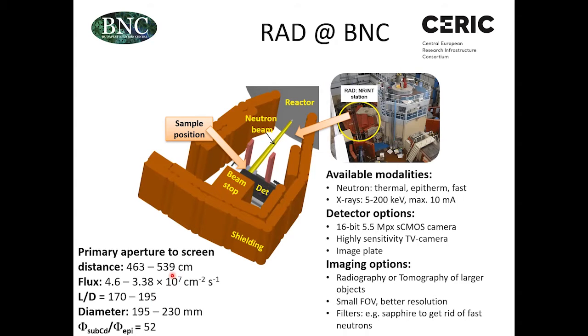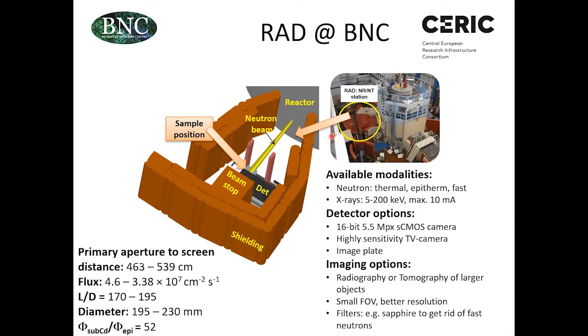The neutron flux is in the order of 10 to the 7, which means it's a medium flux facility. So it is applicable for most measurements, but if you need really high resolution, then this flux is not sufficient, and you should choose a detector system and a beam which allows higher spatial resolution.